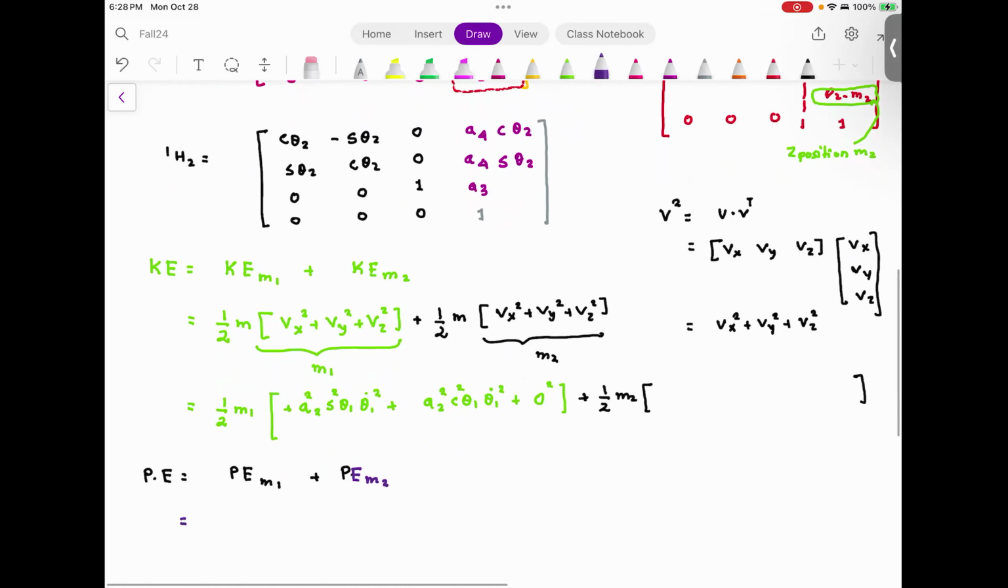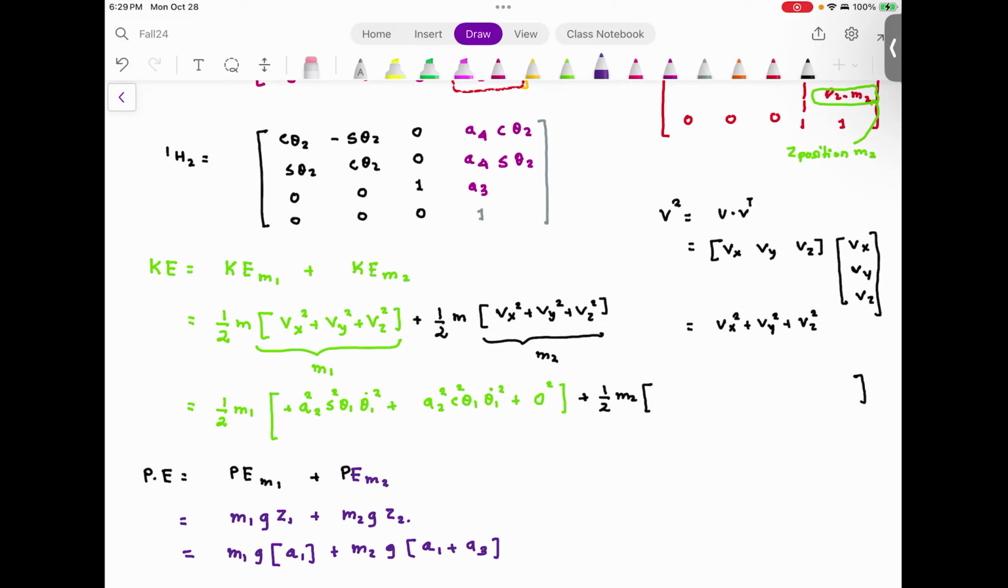Potential energy for mass m1 is m1 g z1 plus m2 g z2, which is m1 g a1 plus m2 g (a1 plus a3). Everyone understood this?